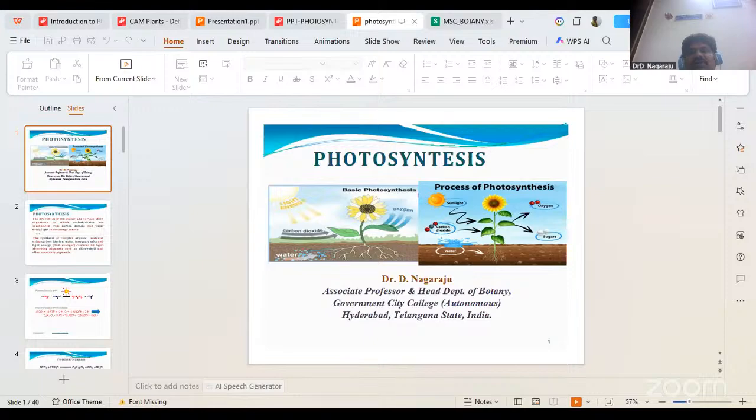All living organisms inhale the oxygen and exhale the carbon dioxide. You know, the plant also inhales the oxygen and releases the carbon dioxide in respiration. In all living organisms, in respiration, they inhale oxygen and release carbon dioxide. Even plants also. No, all the living organisms.